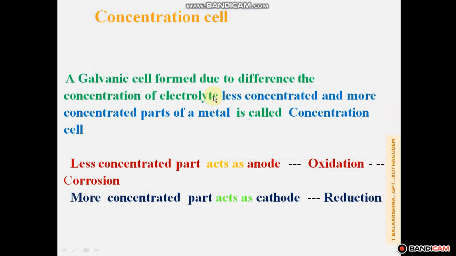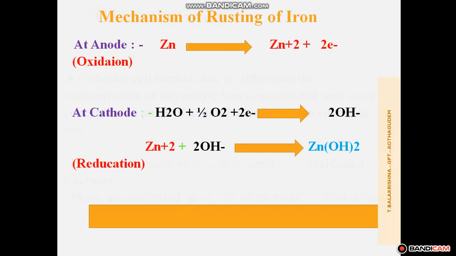So the reactions are: half part of the zinc acts as an anode. Anode means oxidation, oxidation means losing of electrons, so zinc is ready to lose electrons. Zinc loses two electrons, because the valence is 2, and is converted to zinc plus 2.